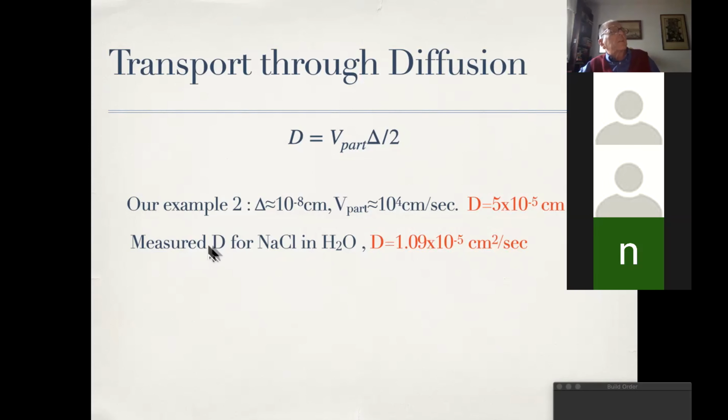Experimental measurement of a diffusion coefficient, for example, of sodium chloride in water, the kitchen salt dissolved in water, how the kitchen salt particles diffuse in the liquid, is of the order of 1.9 times 10 to the minus 5. So as you see, such a very simple, very crude model of microscopic diffusion gives not so bad a number.